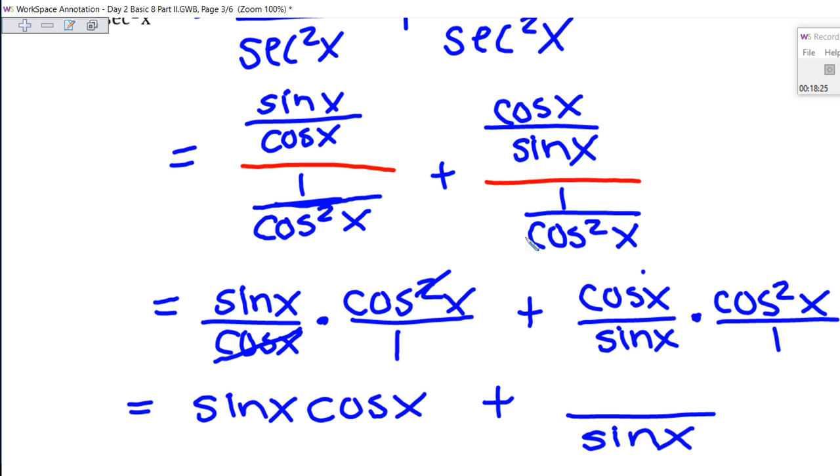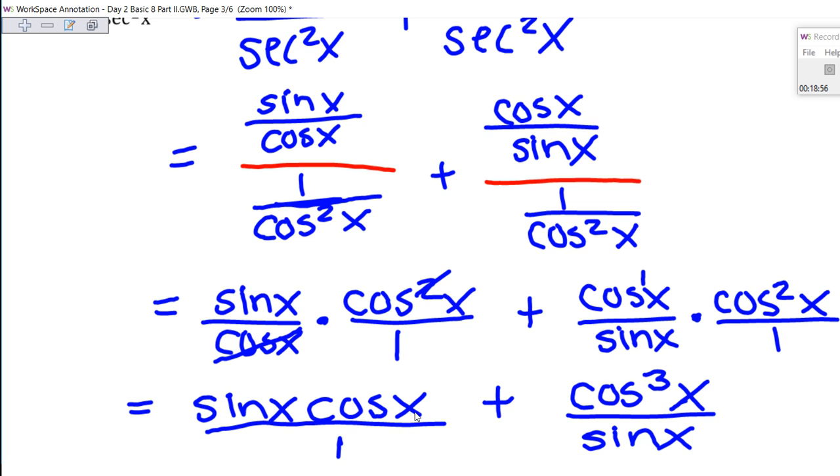So what's cosine to the first power times cosine to the second power? Yeah, cosine cubed of x. So when you're multiplying, make sure you add the exponent. So 1 plus 2 gave us a 3. Now, we still have fractions. So in order to add fractions, what do I need? Common denominator. So we're not finished.